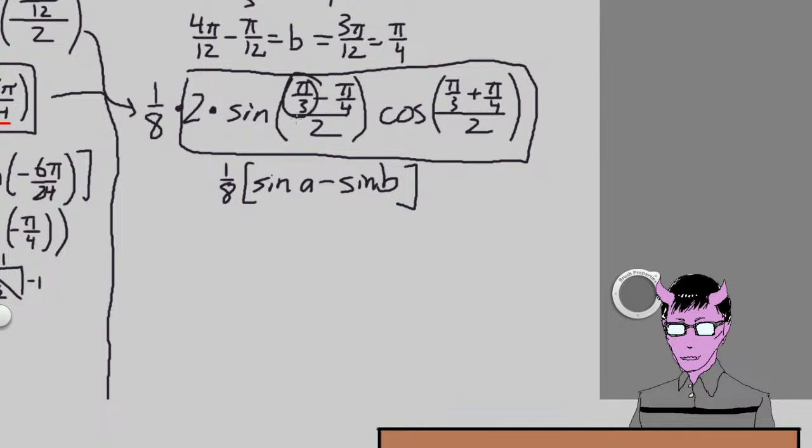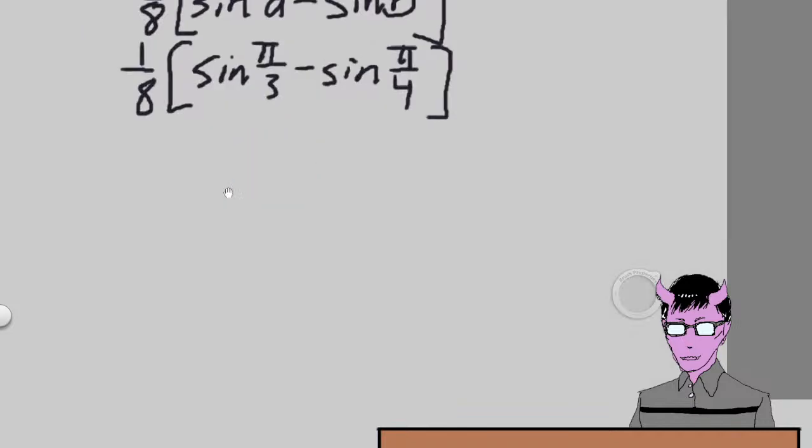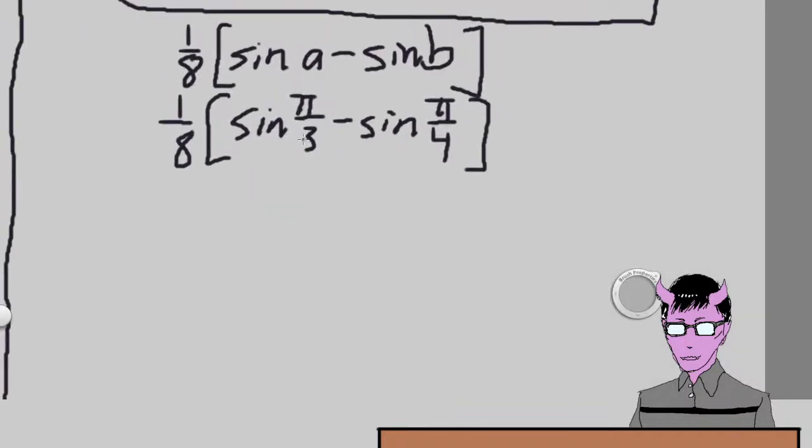So that's the a, so sine of a, and then that's the b, so it's minus sine of b. Don't forget the 1/8. And this is stuff we could easily evaluate.